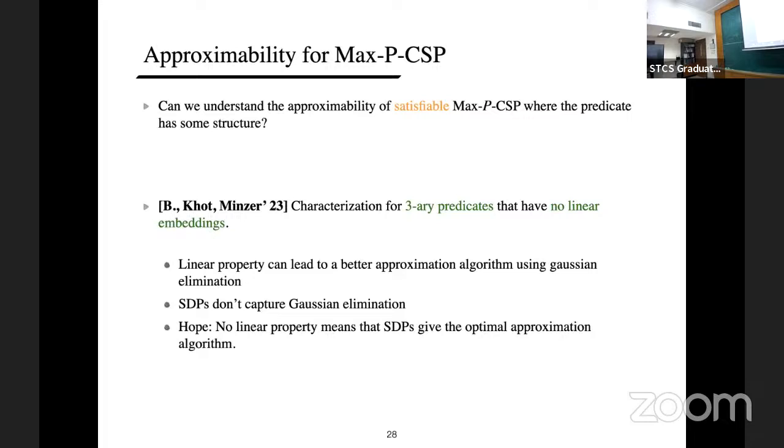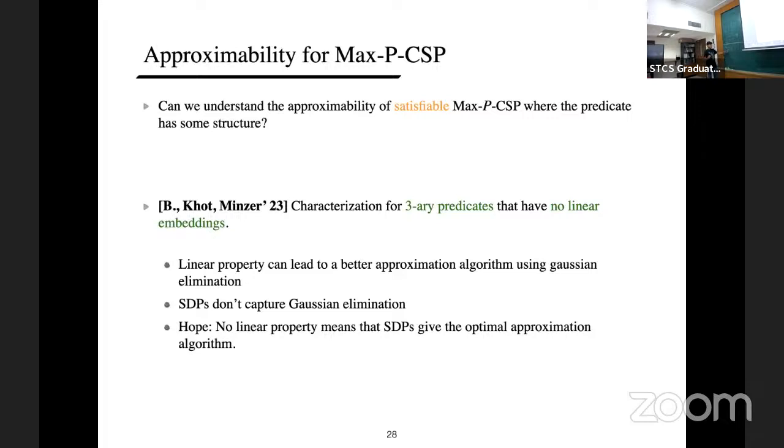Sorry, can you explain what we mean by SDPs don't capture Gaussian elimination? So SDPs don't capture Gaussian elimination, that is sort of the belief. Just to give you one concrete example, for Max-Lin over Z2, this is the usual XOR thing. Here there is a very simple randomized algorithm, the random assignment algorithm, that gives you a 1/2 approximation, and SDPs can't beat this 1/2.